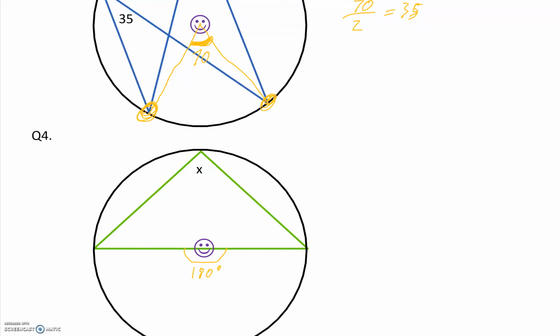And so if you have a straight line going through the center, it's your central angle of 180 degrees. Which means that your other angle up here is going to be half that. So maybe I can write x equals 180 divided by 2, which is 90.